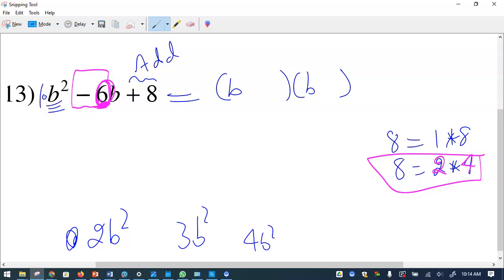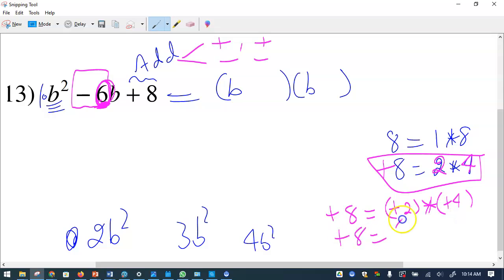But the question is, it is plus, right? That means when we talk about adding, either both should be plus numbers or both should be minus, because plus 8 you can get if I write plus 2 and plus 4, and plus 8 also is minus 2 and minus 4. So the question is what should we select?